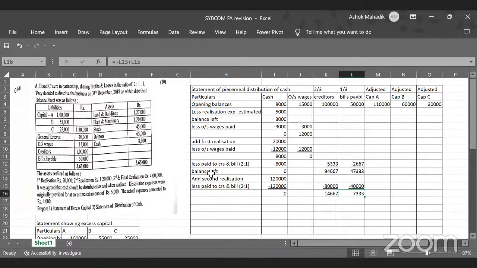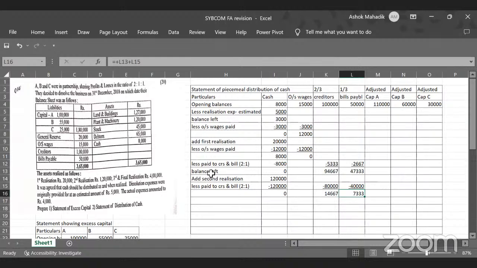I'll repeat once again. In this second statement of piecemeal distribution, how many columns do you need? You need a particulars column, a cash column, then all the liabilities which are to be paid. While writing, follow our order. First, write any government taxes due, outstanding wages of workers, then any secured loan.